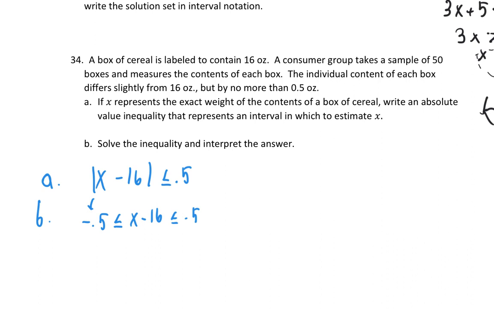From here, we just add 16 to both sides. We get 15.5 less than or equal to x, which is less than or equal to 16.5, which makes sense. The actual weight is going to be within 0.5 of 16, but it can be on either side. So that's 0.5 less and 0.5 more.